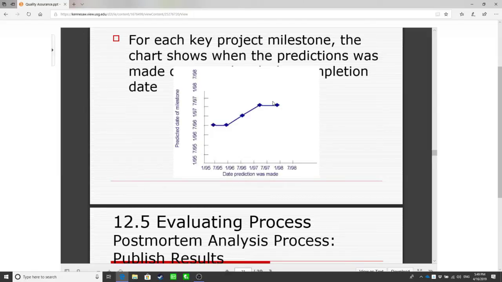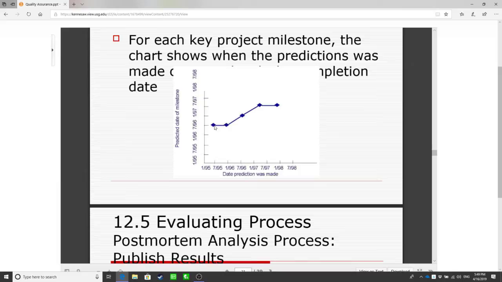But what happened between them? Let's see the first 2 points. In July 95, we predict it's going to be finished in July 96, and in January 96, we predict it's going to finish in July 96.